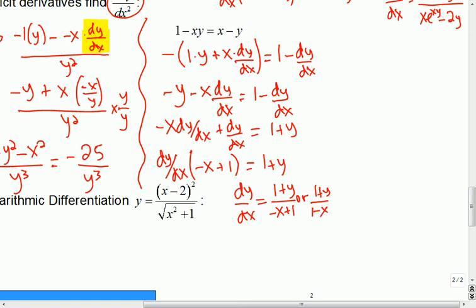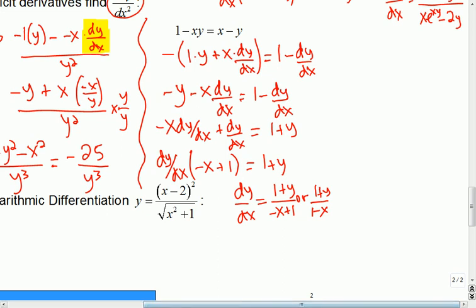So how many people got the first derivative of this okay? I'll give you just a minute to take a look over it, and then we'll talk about the second derivative. It's going to be a quotient rule.